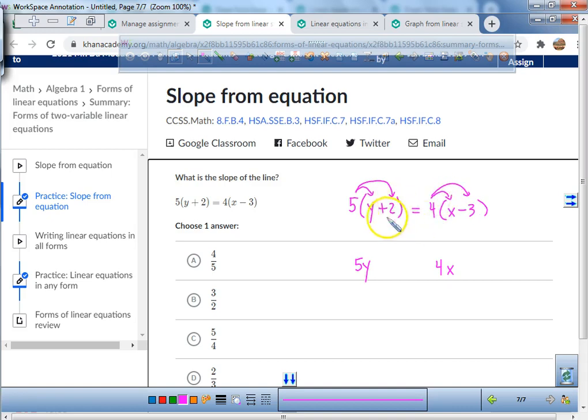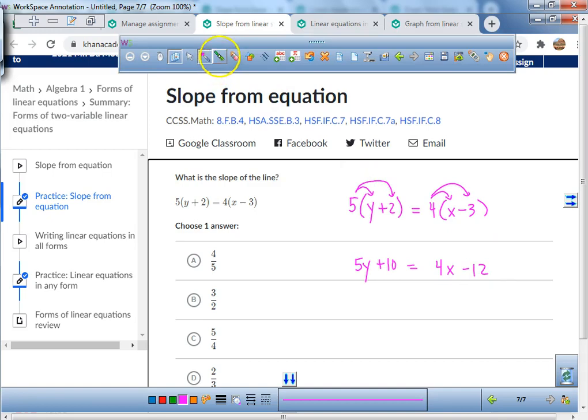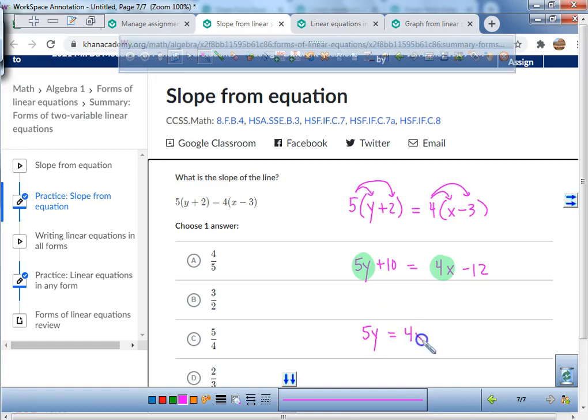But technically, you don't have to do 5 times 2, which is 10, and you don't have to do 4 times negative 3, which is negative 12. All you really need to focus on is this part and this part. Can everybody just focus on this and this? So just focus on 5y being equal to 4x.